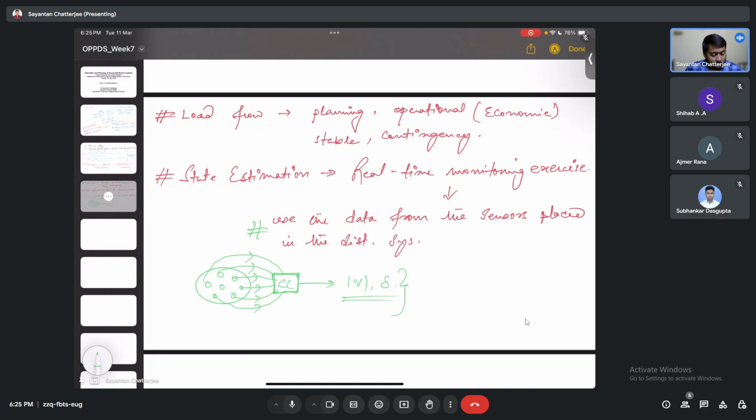And from the load flow we have the information of these power values.